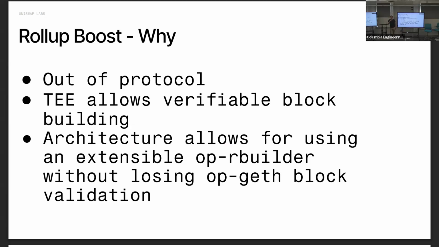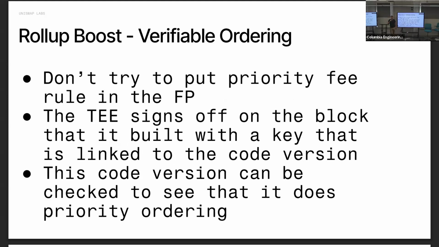Yeah, and so this gives us a way of, in the future, you could do auctions, could do other interesting things. Mainly, we're interested in how do we actually enforce a fair ordering, and so we're not always interested in the most profitable block for us if that leads to negative externalities to our users.